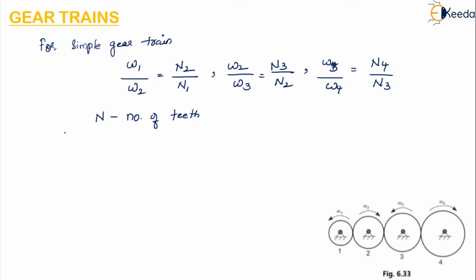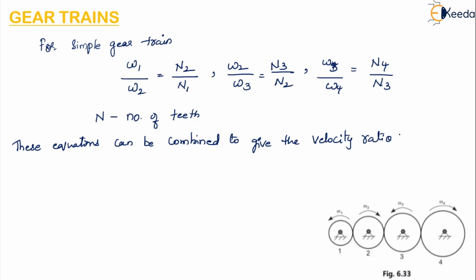We can combine these equations to give the velocity ratio of the first gear in the train to the last gear. How do we write it?